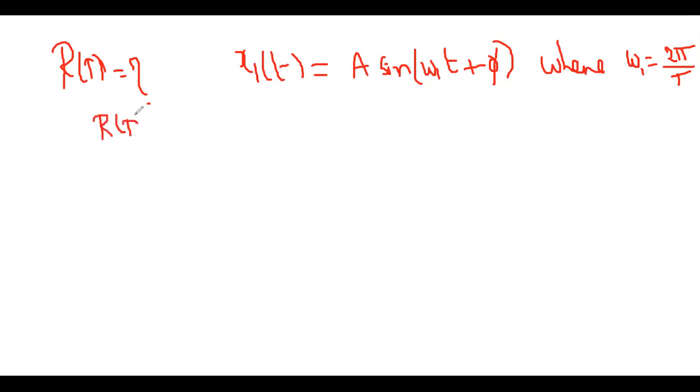To find the definition, R of tau is equal to, because you are finding the average autocorrelation function.